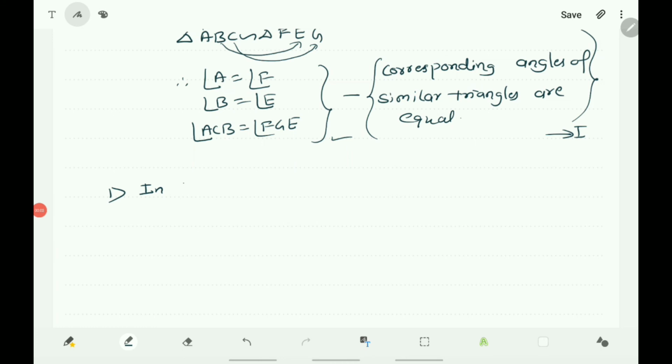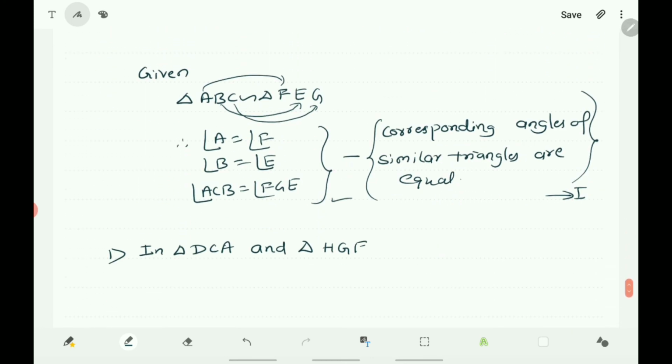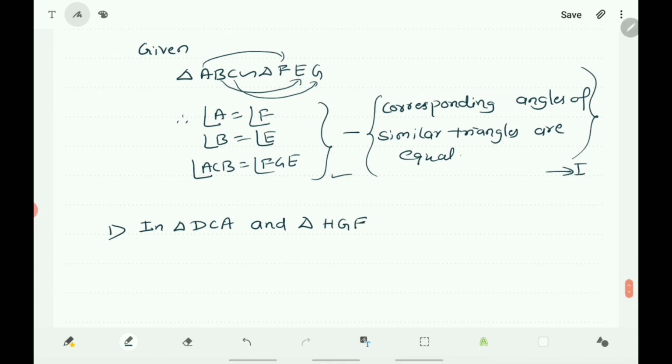In triangle DCA and triangle HGF, it is given that there are equal angles, that is angle A is equals to angle F, because the reason you can give is from first.